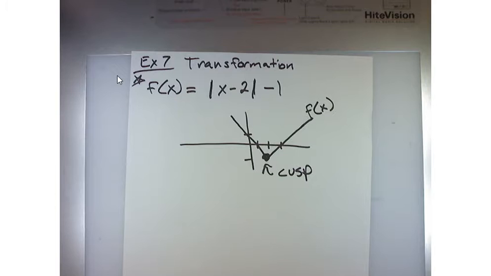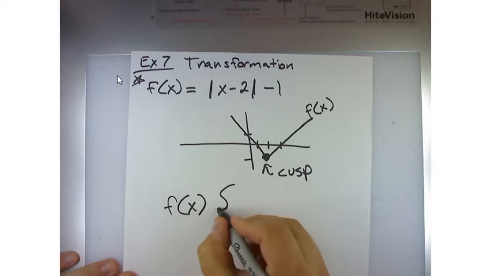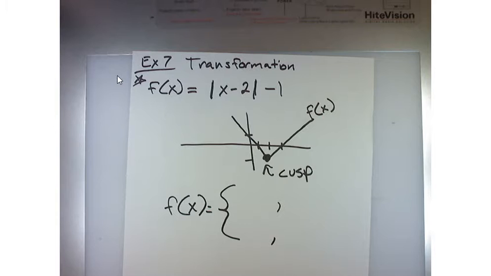So what I could do though is make this a piecewise function. So again, we look at the domains. What is the first domain to the left of the cusp? Negative infinity to this side.